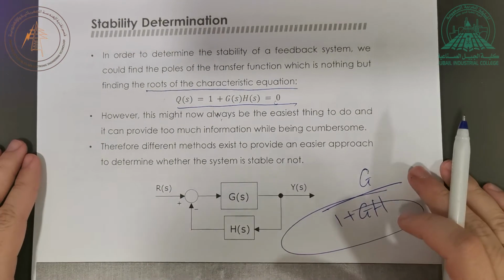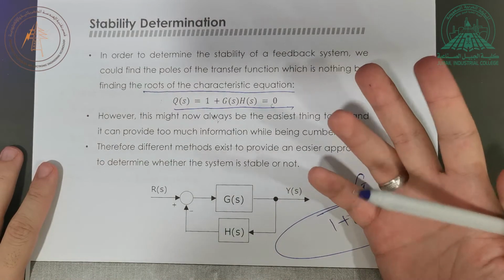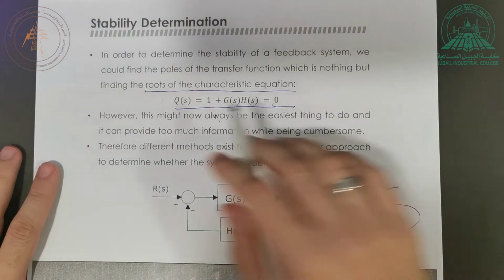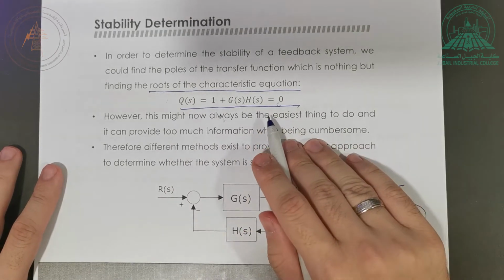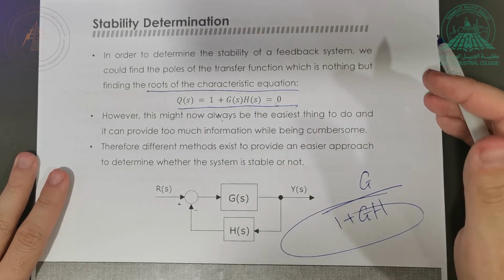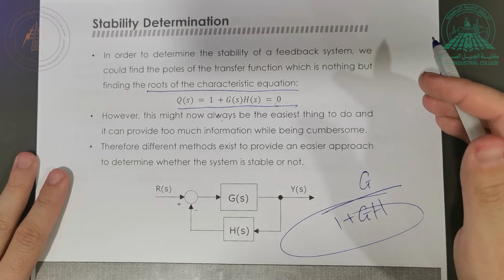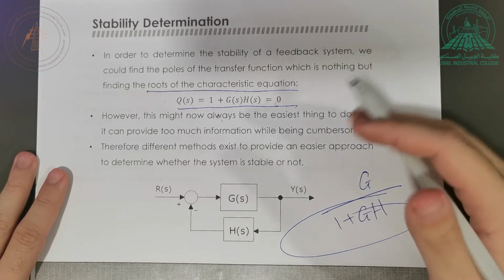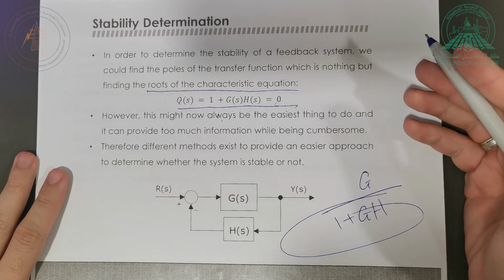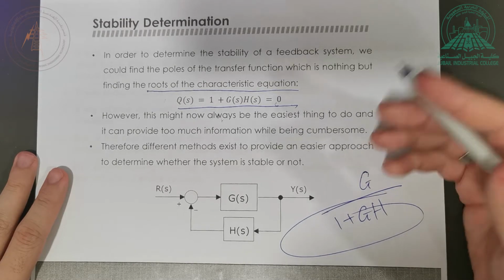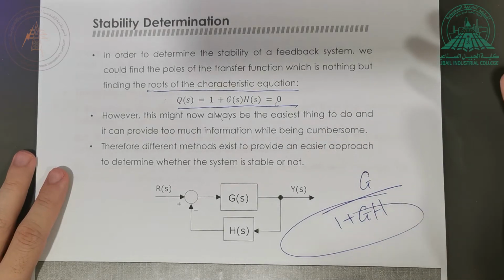So if I have a polynomial, if it is a second order polynomial, then it's easy. I can just apply the quadratic equation to find the roots, the solutions, the poles. But in most cases, like in higher order systems, if you have s cubed, s to the power 4, s to the power 5, you don't have an equation you can just apply to know what the poles are.